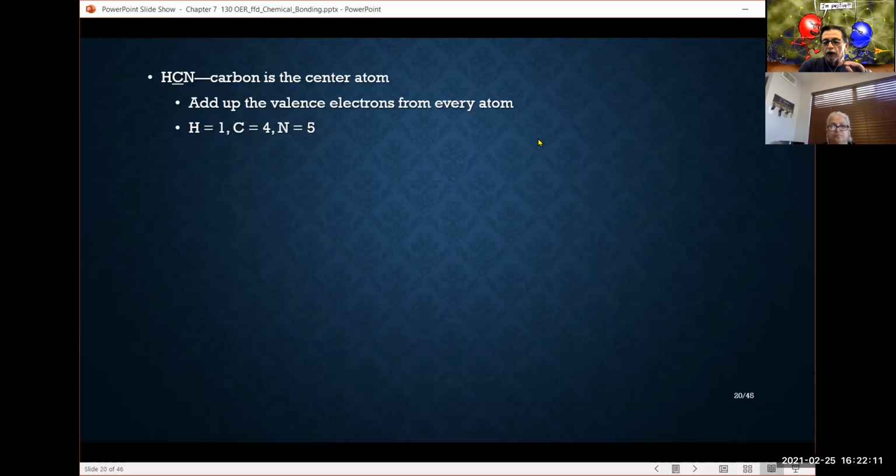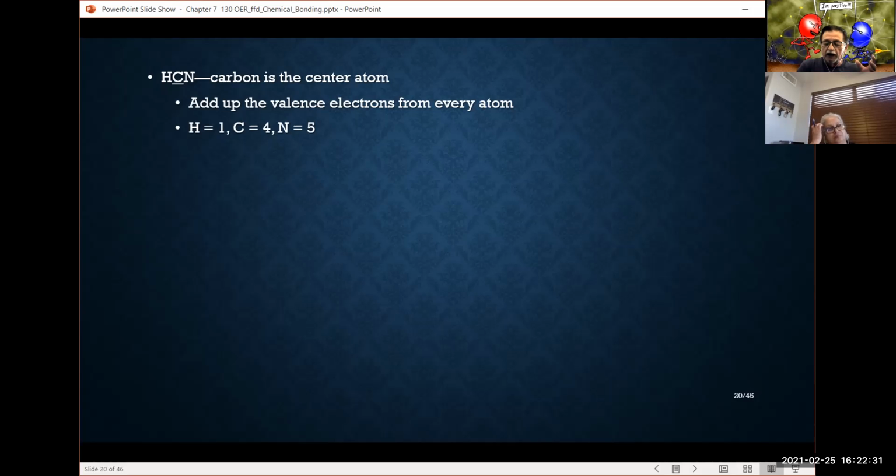Now when you add up the valence electrons, point number 1, you always get a number divisible by 2. I was adding up the valence electrons there, 10. But you always get a number that is divisible by 2.